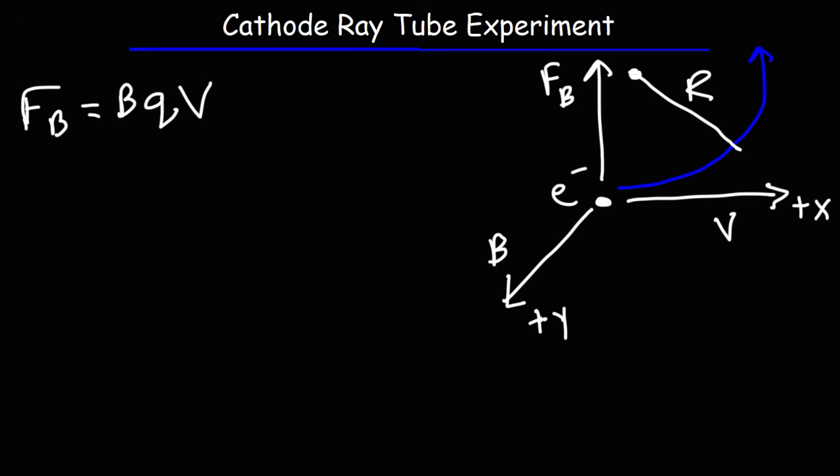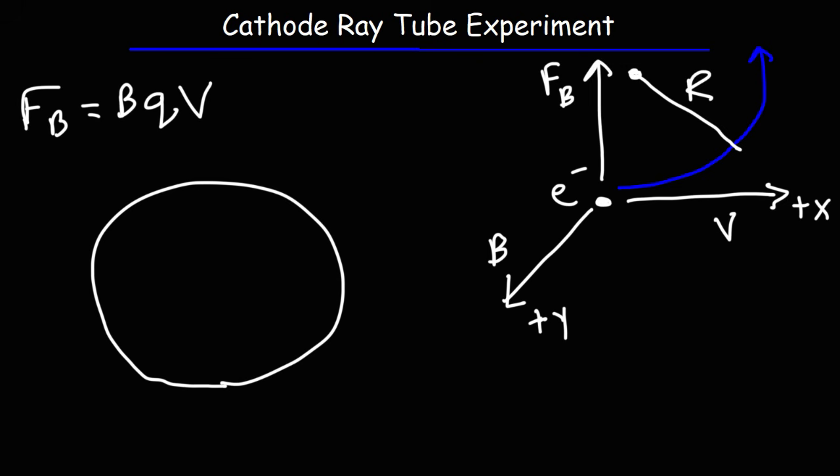Now, there's another type of force that occurs when an object moves in a circle, and this is known as the centripetal force. The centripetal force is not a force in itself, it is caused by another force that causes the object to turn in a circle. So if you think of how the moon orbits the Earth, gravity provides the centripetal force in that case.